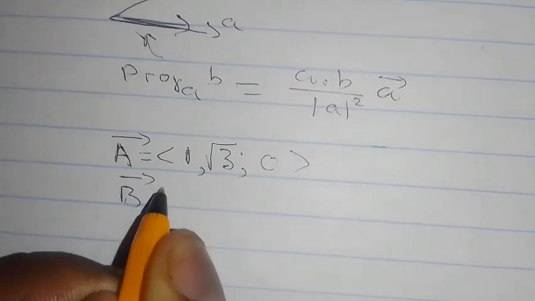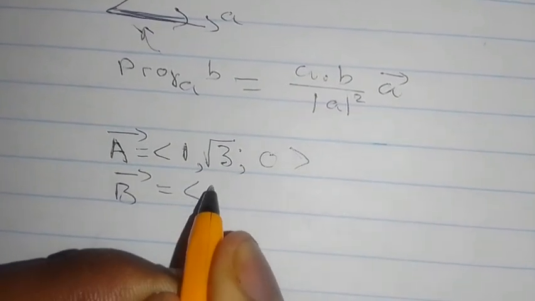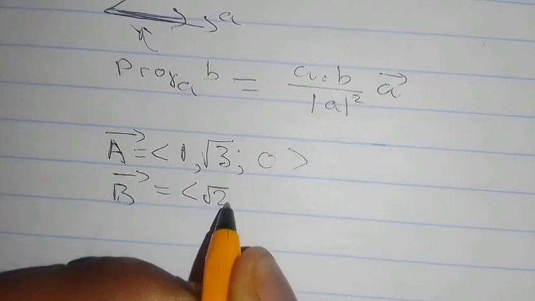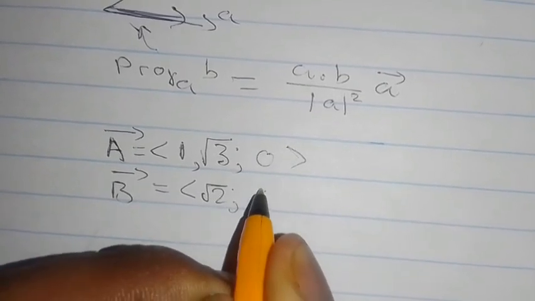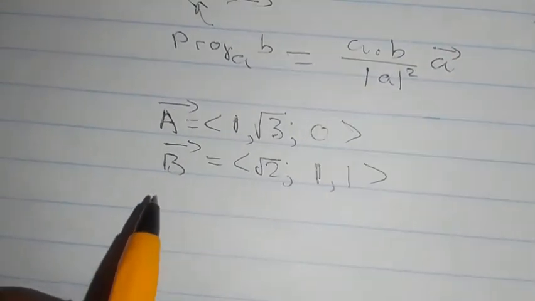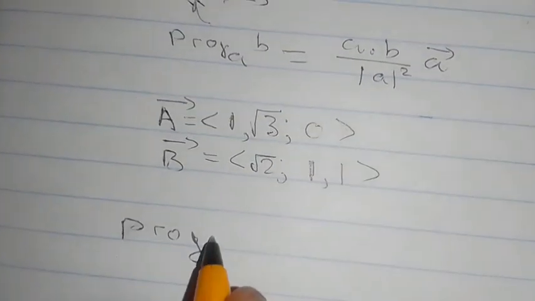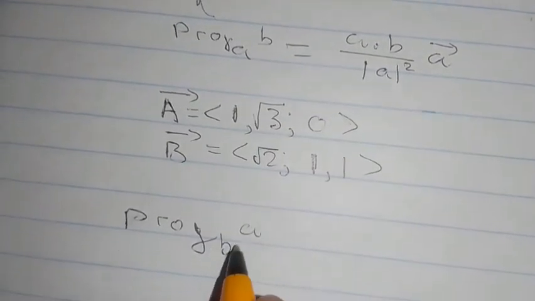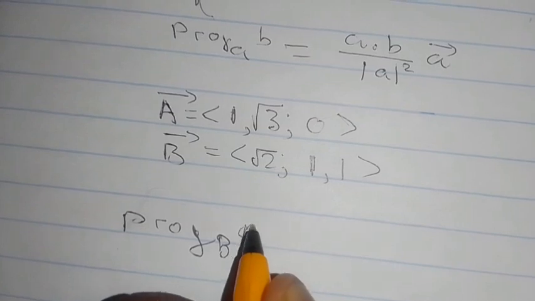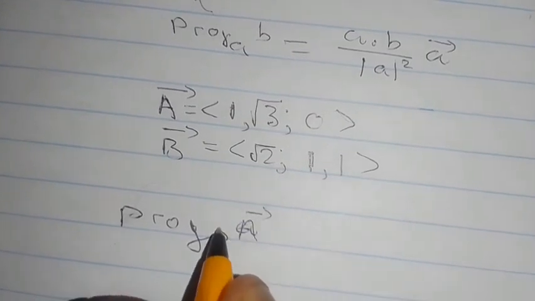And we have vector B given by root 2, 1, and 1. Yeah, so let's say we have these vectors. So what is the vector projection of A onto B?